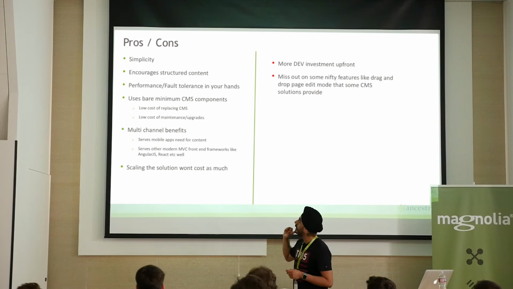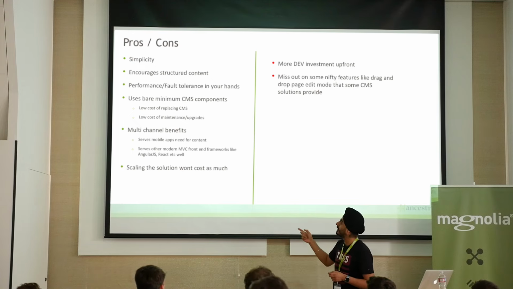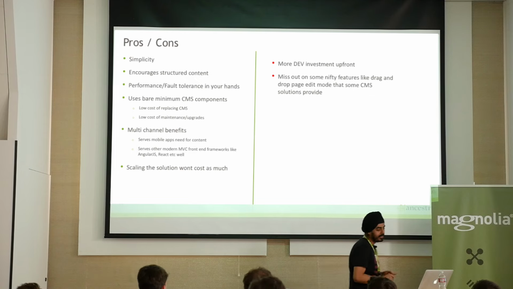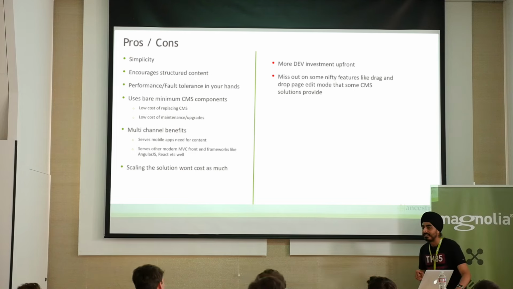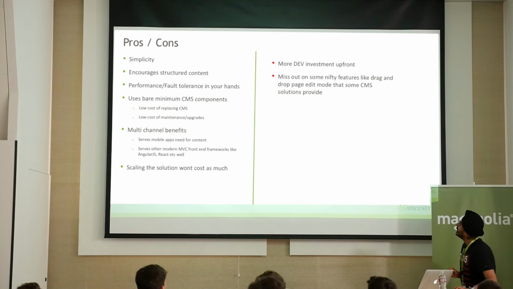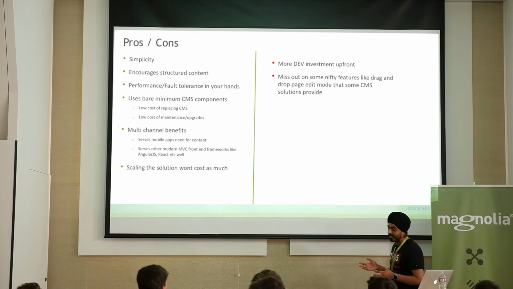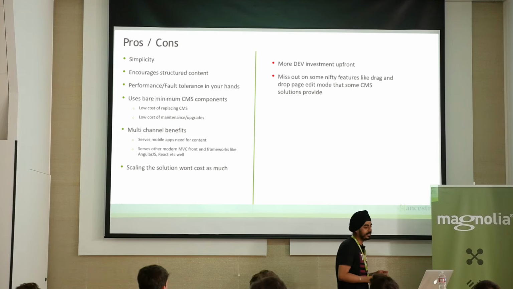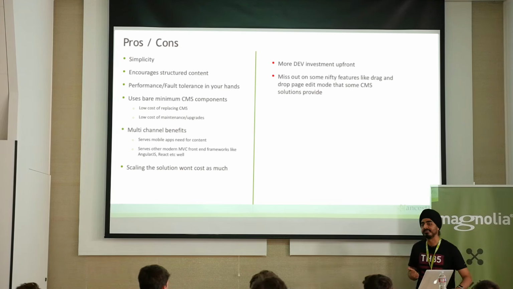And we also spoke about the multi-channel benefits and that scaling the solution would not cost as much. So let's talk about some downsides now. We all saw that we built a lot of our components on our own. That's definitely some more initial overhead.